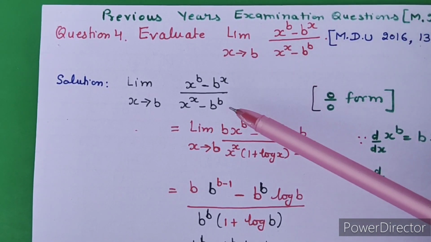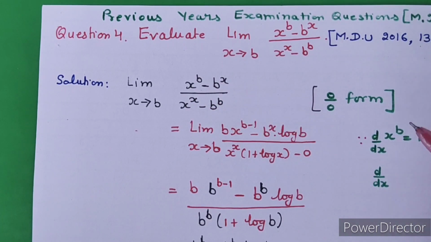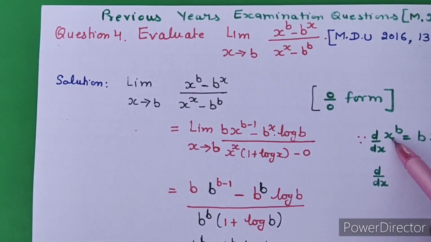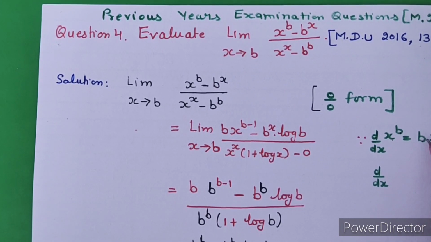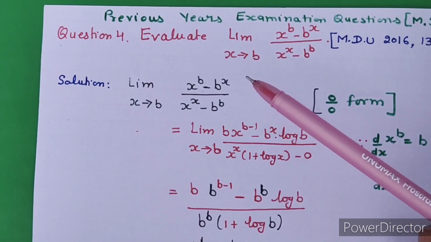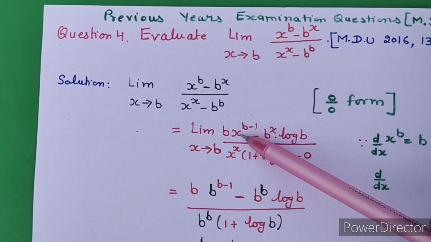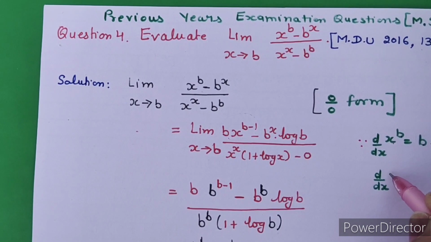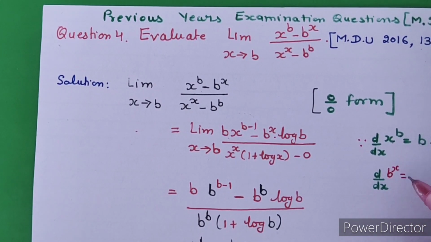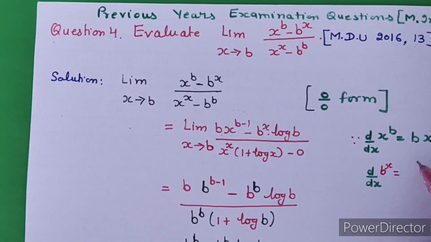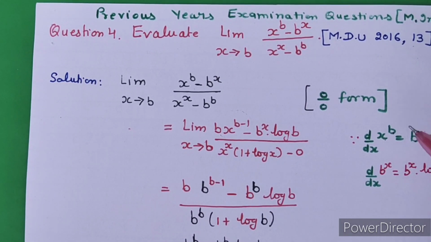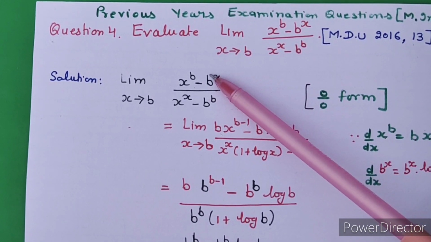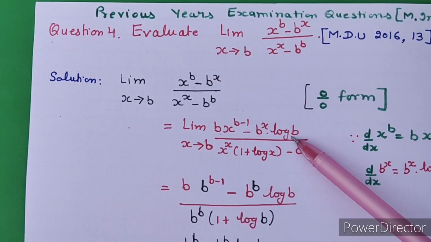So when I apply L'Hopital rule, I am taking the differentiation of these functions. Now you should know what is the derivative of x to the power b here. The derivative of x to the power b is b x to the power b minus 1. So in the first expression I wrote b x to the power b minus 1. Now b to the power x, the derivative of this expression: this is exponential, so this remains the same, so b to the power x into the logarithm of the base, that is b. Okay, so in place of b to the power x you will write here b to the power x log of b.